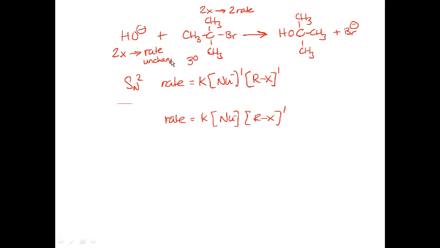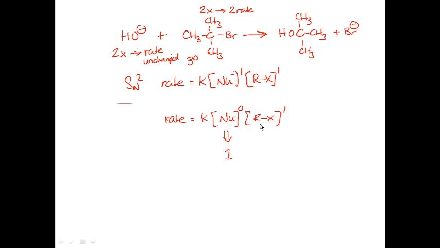So they got no change in the rate of the reaction when they changed the concentration of hydroxide. Now, in kinetics, that means that it was 0 order in nucleophile.